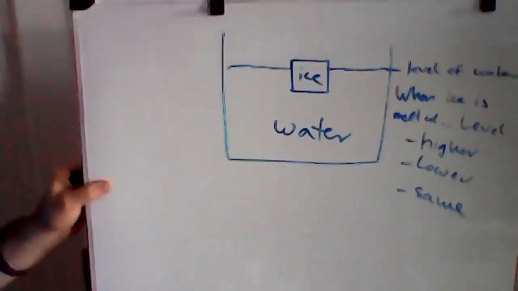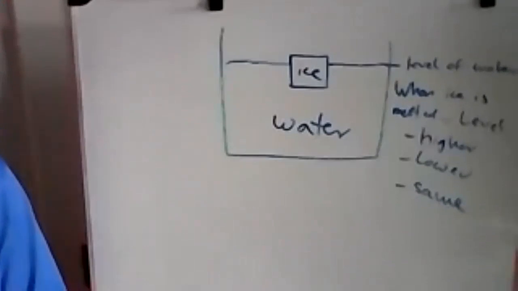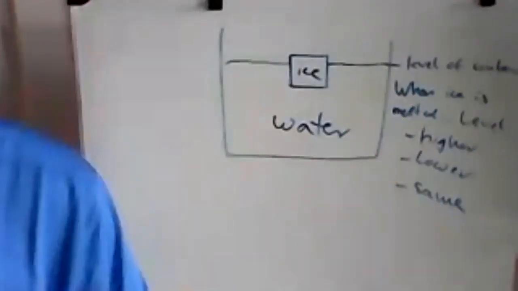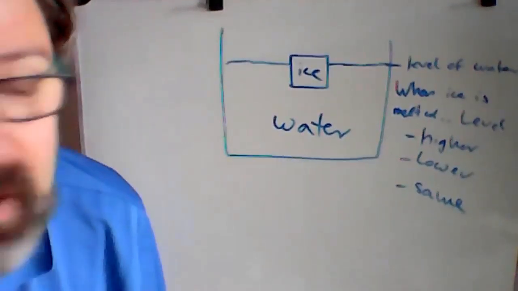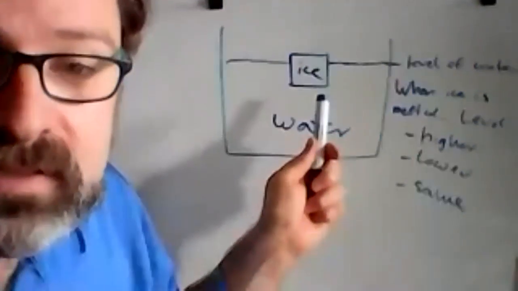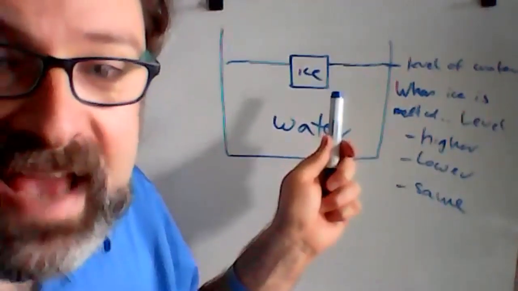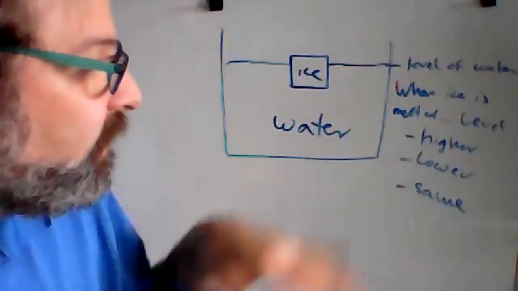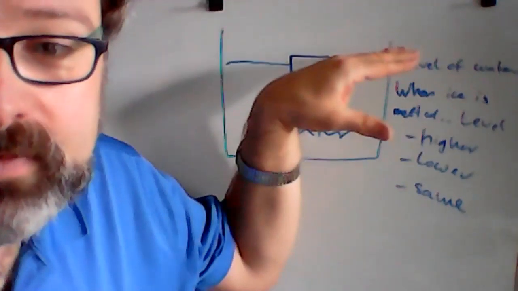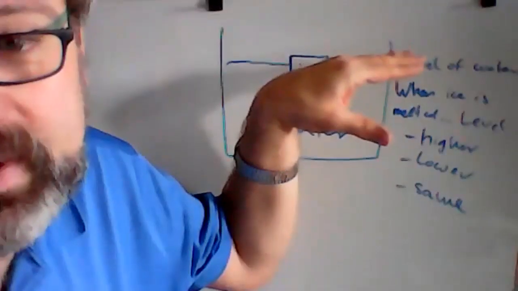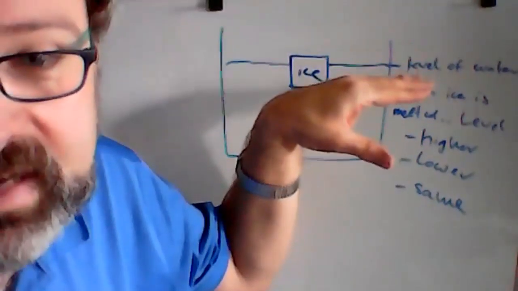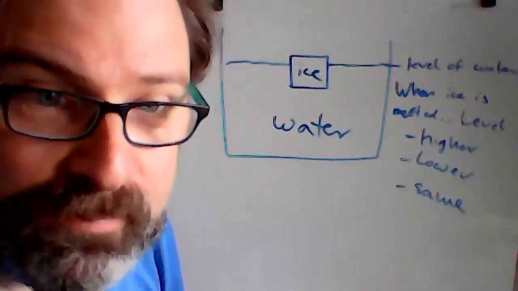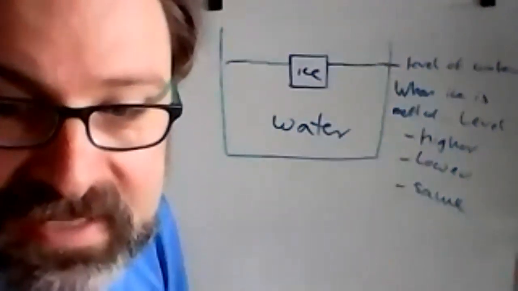If I wait long enough, and actually it's not very long here, the ice is pretty quickly melting, once the ice cube is completely melted into water, will the level of the water have gone up just a little bit? Will the level of water have gone down just a little bit? Or will the level of the water be the same once the ice cube is melted?